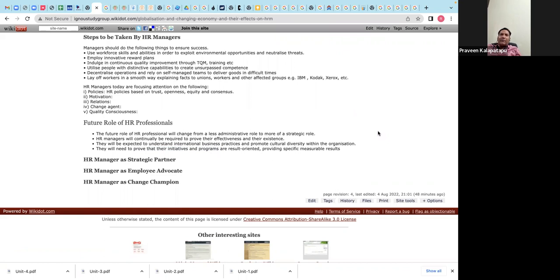Whatever we talked about as points, the first point is about HR being more strategic rather than administrative. So how does the HR role need to be seen in the future? You need to see HR as a strategic partner, one who assists you in taking the strategy and makes sure there is a parallel strategy for HR specifically.